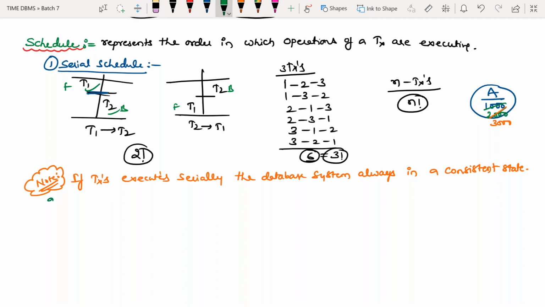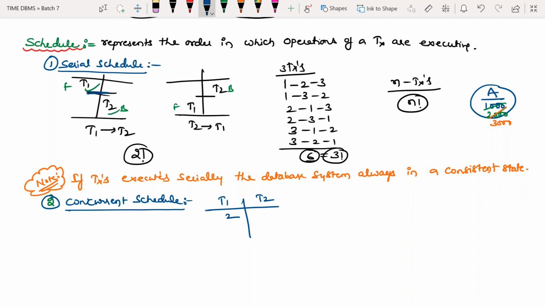So one type of schedule is called serial schedule. The second type is called concurrent schedule. What is meant by concurrent schedule? It means transactions execute simultaneously. Suppose two transactions, T1 and T2, are executing. First T1 executes 2 operations while T2 is idle. Next T2 executes 3 operations while T1 is idle. Next T1 executes 3 operations while T2 is idle.